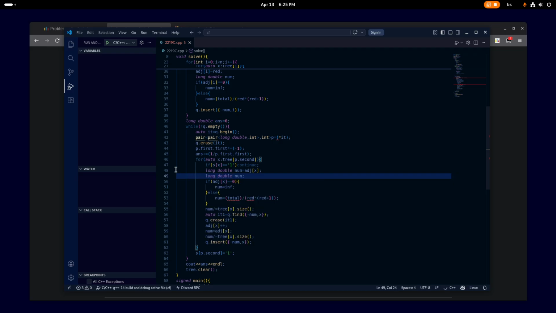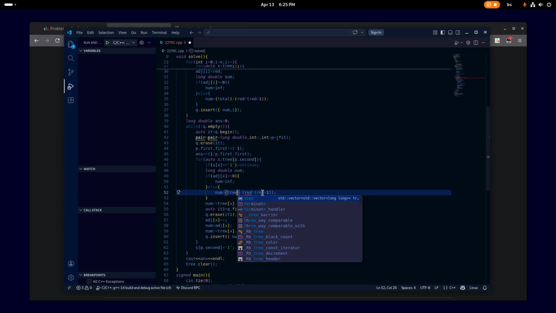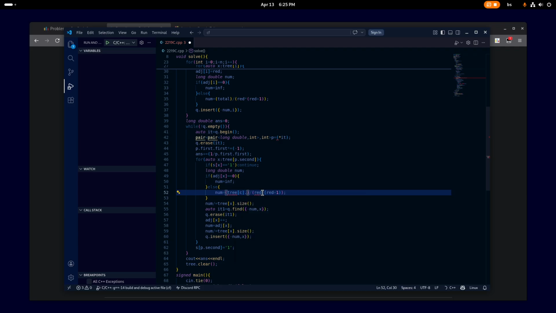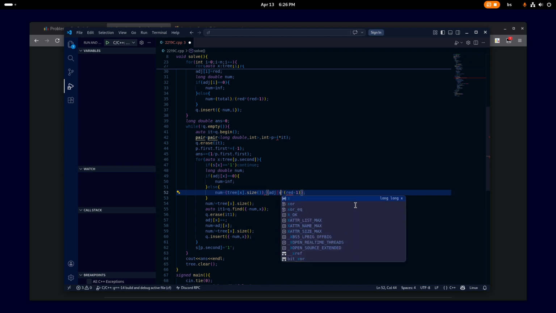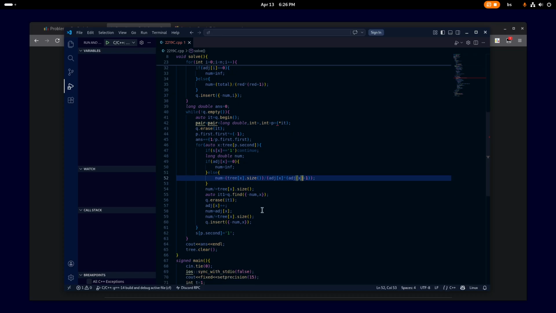If adjacent of x is equal to 0, the number is infinity, and in the other case it will be the number of its neighbors, x, divided by, well, the number of adjacent elements of x times the number of adjacent elements of x plus 1.